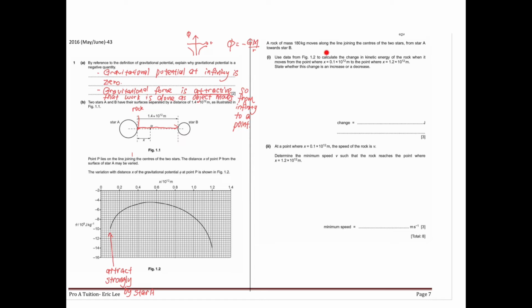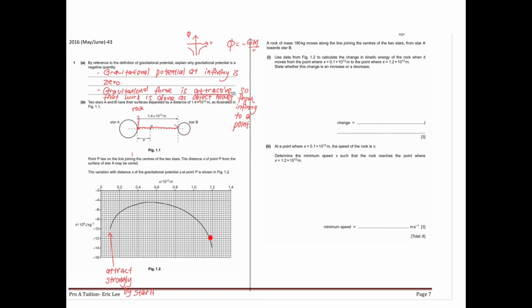Calculate the change in kinetic energy of the rock when it moves from the point where x equals 0.1 times 10 to the power of 12 to the point where x equals 1.2 times 10 to the power of 12. So that means here, this is 0.1 times 10 to the power of 12, and go all the way to here. This is 1.2 times 10 to the power of 12.